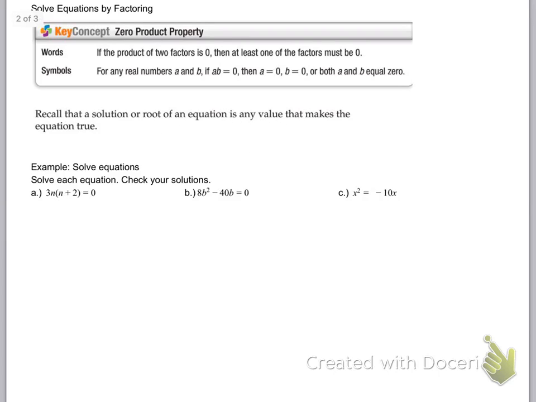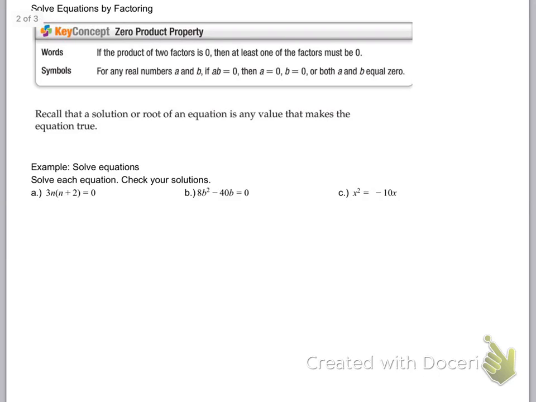So what we're going to do is go down here, and I'm going to give you guys some information. To solve an equation by factoring, you bring everything to one side, and you factor it. You break it to its smallest pieces, which leads you to multiple things being multiplied.